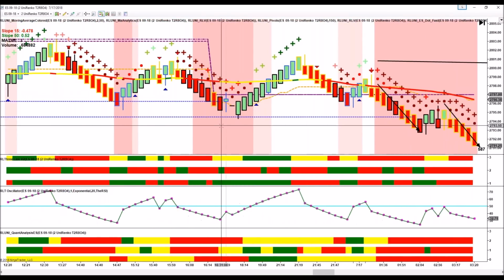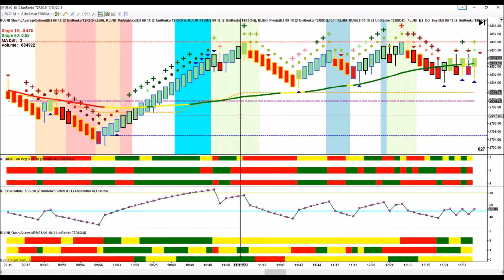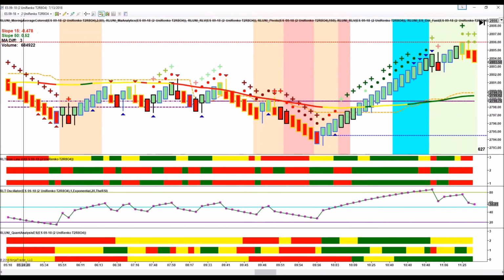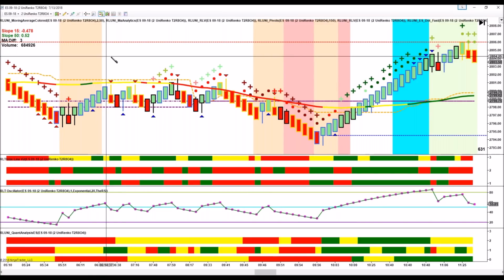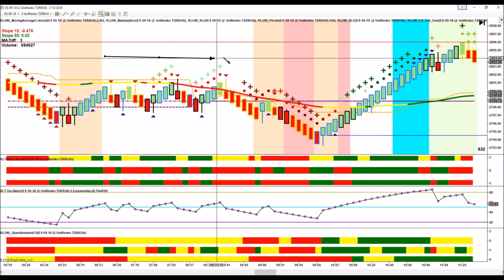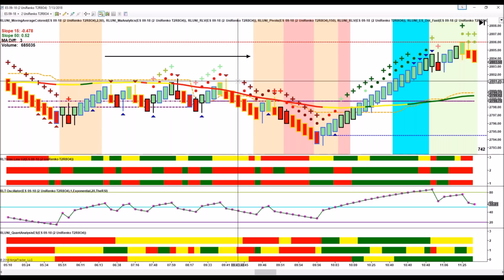And it's also not accidental that if I show you a long period where there is no background bias, like right here, this is a great example. Look what happens when there's no multi-time frame alignment of the E-mini. Price just moves crazy. So you can really see how powerful a multi-time frame alignment of the market you're trading is.